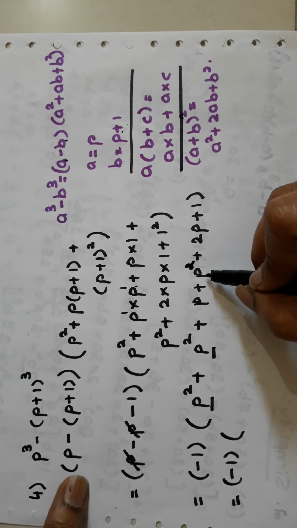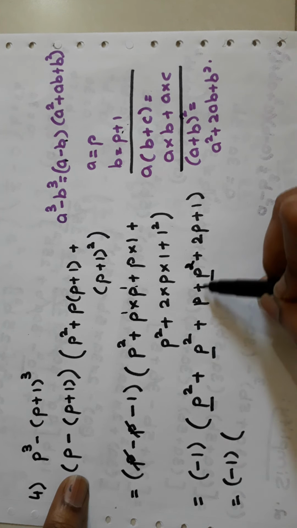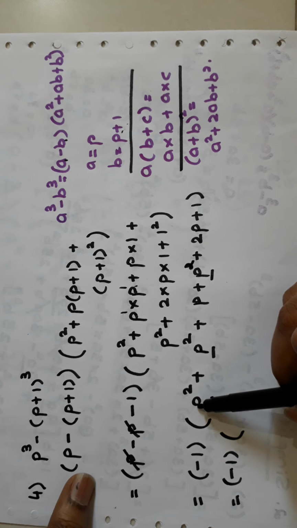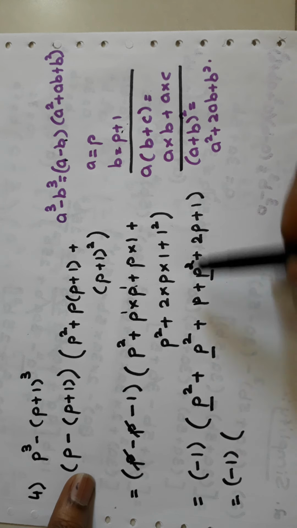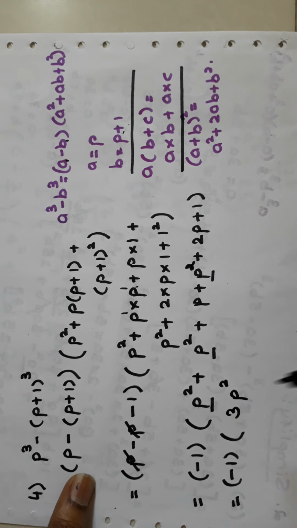Like terms, so we can add the like terms, and all three terms have a plus sign. So we add the coefficients. Now there is no coefficient in the first term, so we take it as 1 plus 1 plus 1, 3, and keep the term as it is, p square.